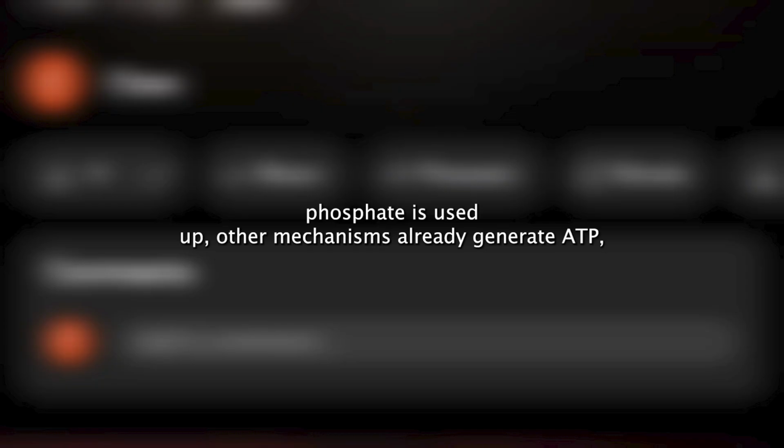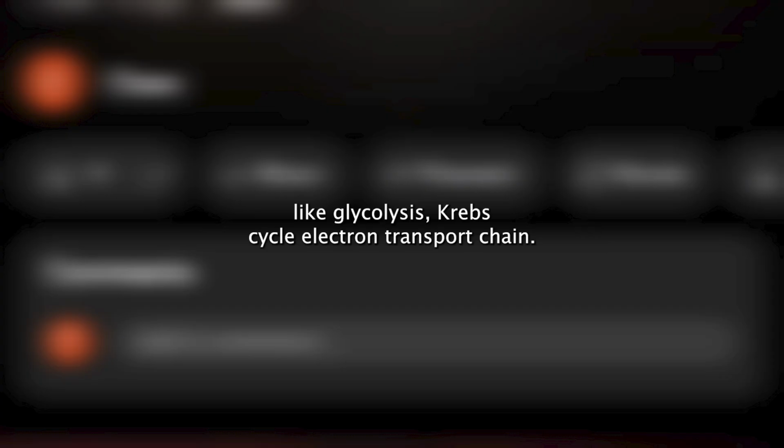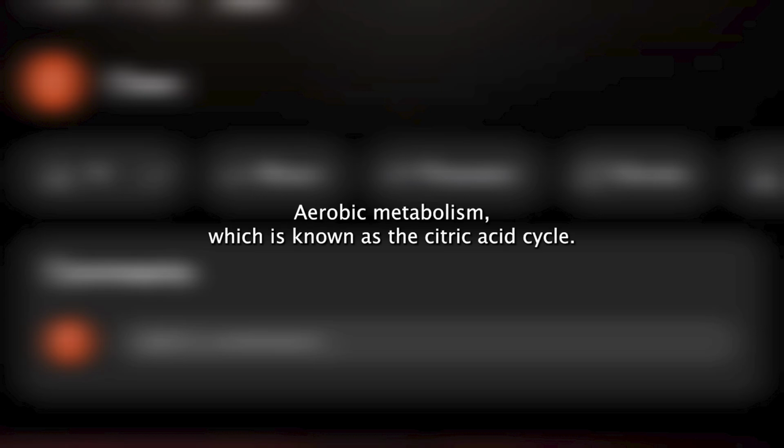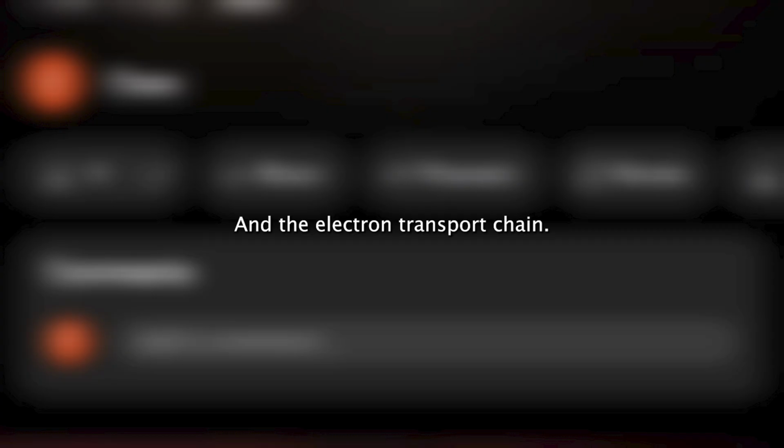When creatine phosphate is used up, other mechanisms are used to generate ATP, like glycolysis, the Krebs cycle, and the electron transport chain. We'll talk about those in a second. ATP is generated by direct phosphorylation of ADP by creatine phosphate, anaerobic metabolism, which is known as glycolysis, and aerobic metabolism, which is known as the citric acid cycle and the electron transport chain.